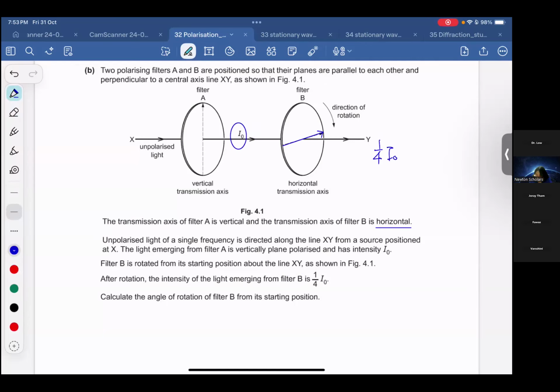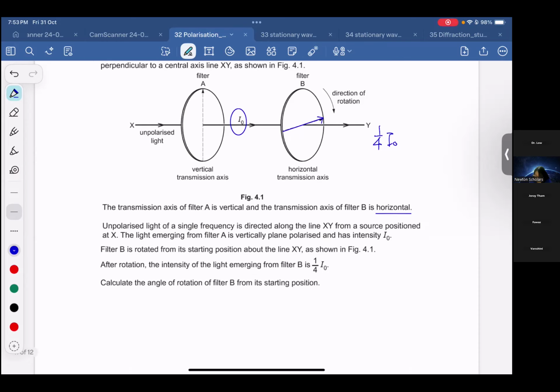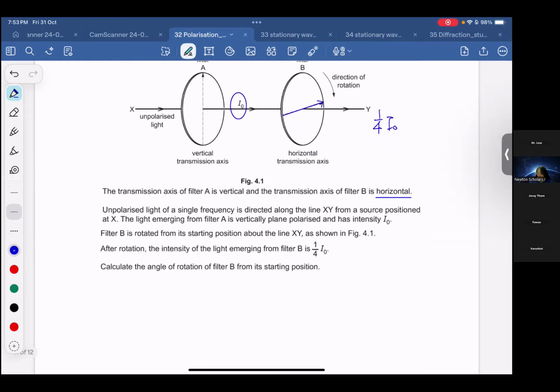Here, calculate the angle of rotation of filter B from its starting position. How much should it rotate so that at the end it will get 1/4 I0?